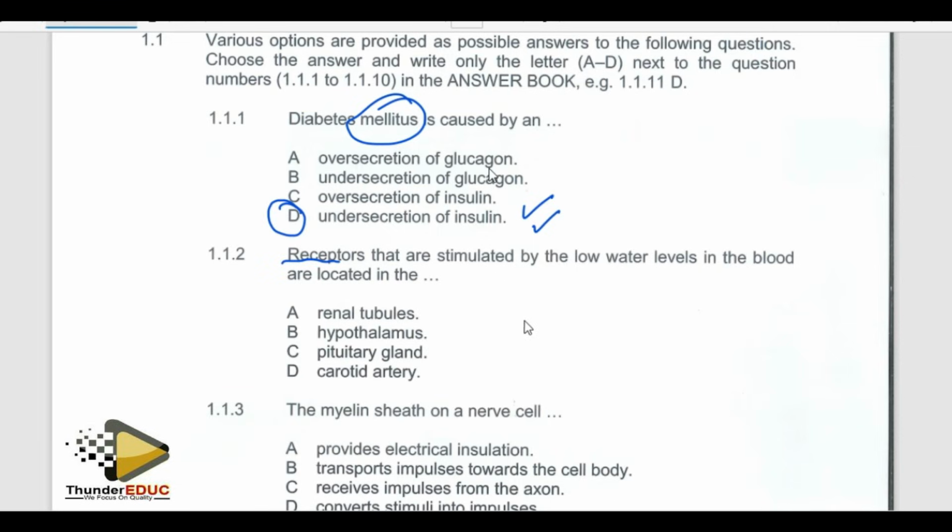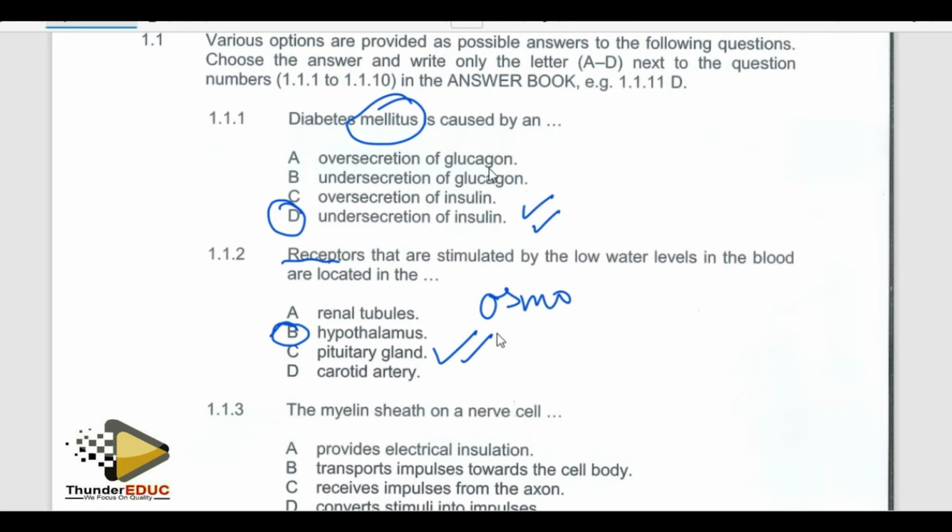Because we are talking about water, it is osmo, so those receptors are called osmoreceptors. Sometimes we say they are found in the thirst centers in the hypothalamus. So in this case, the answer is going to be B, hypothalamus.